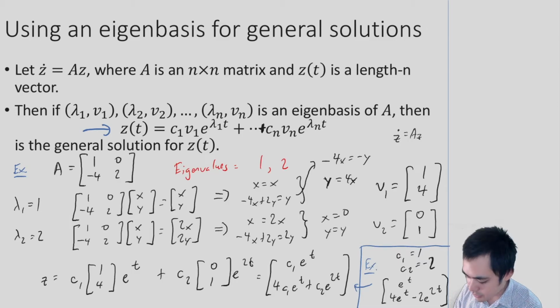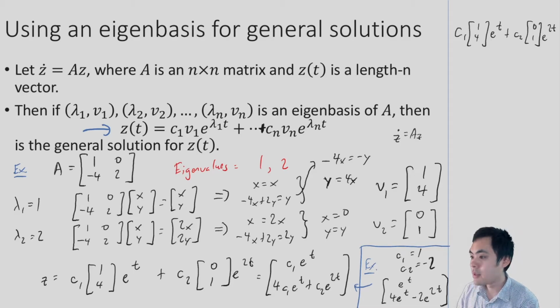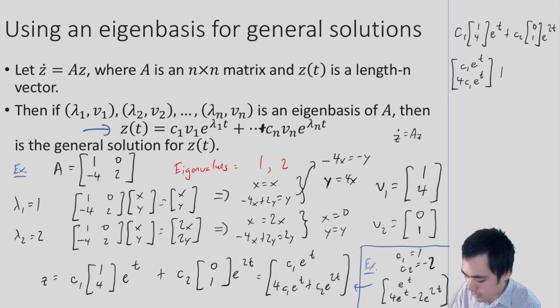So we had C1 (1, 4) e to the t plus C2 (0, 1) e to the 2t, right? So then, when you multiply it in, what you get is this vector here is C1 e to the t and 4C1 e to the t. Plus this vector here, well, the top is 0, so that multiplied by anything is still just 0, and C2 e to the 2t.